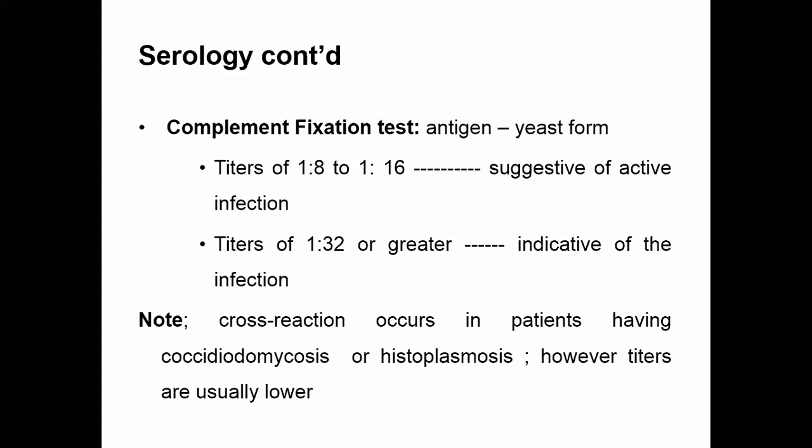Blastomyces. But the problem here is that because it is a combination of two or more species, we are unable to identify which particular species the patient is infected with. It might happen that coccidioidomycosis or histoplasmosis infection is much more prevalent, so we cannot say it is just an infection of blastomycosis only.